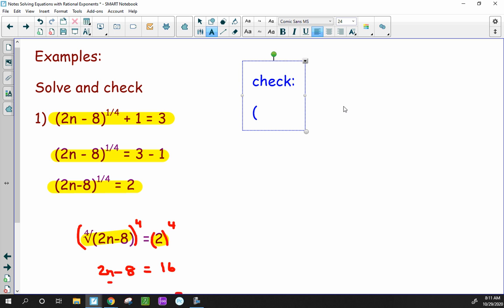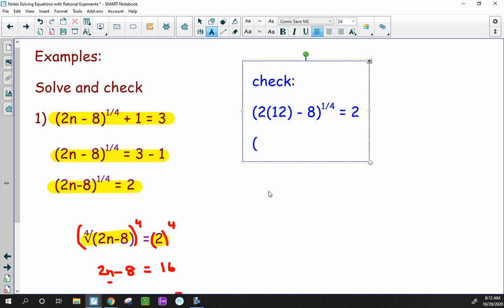I'm going to do 2 times 12, this solution that we got, minus 8, raised to the 1/4 power, which again is this 4th root, and then equals 2. And so I just use this one.